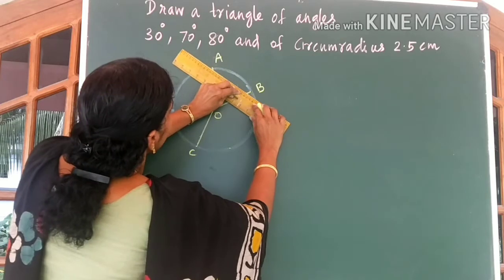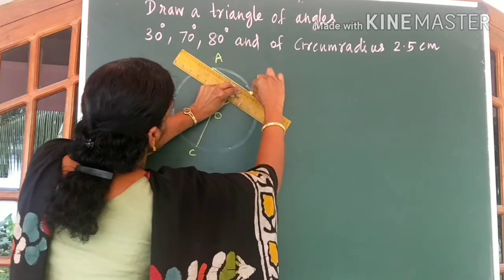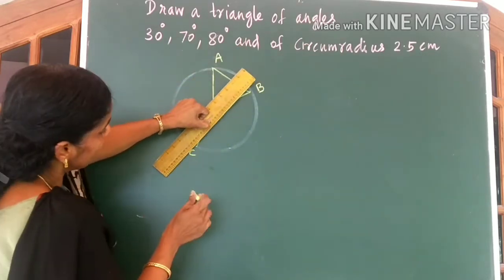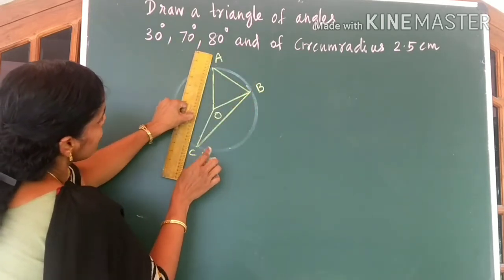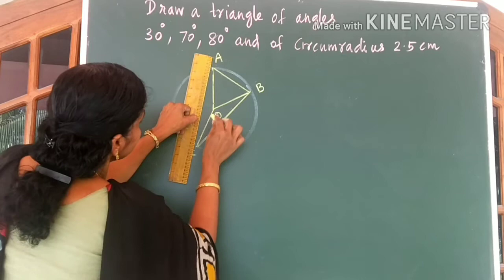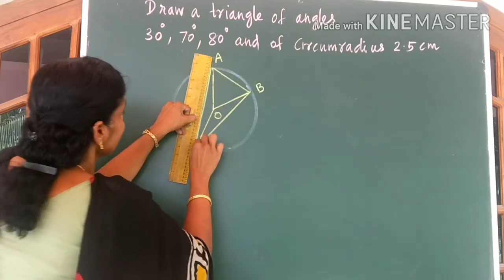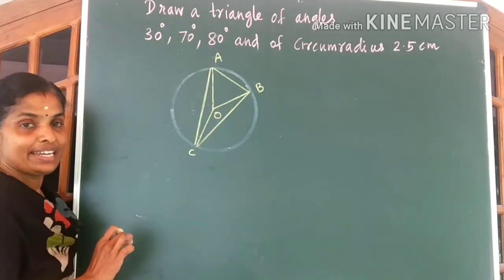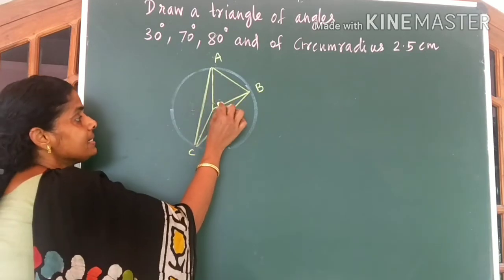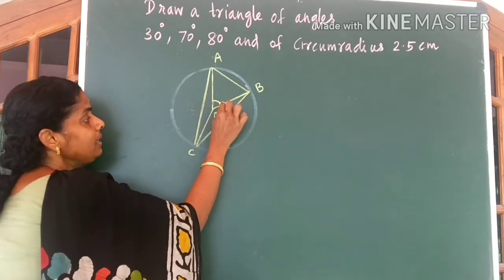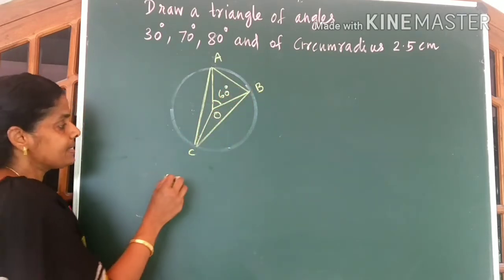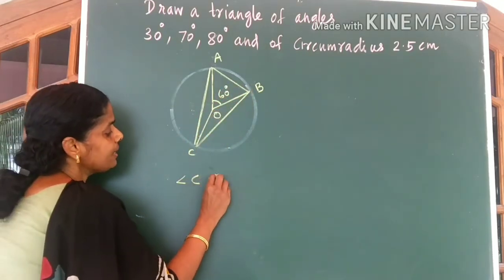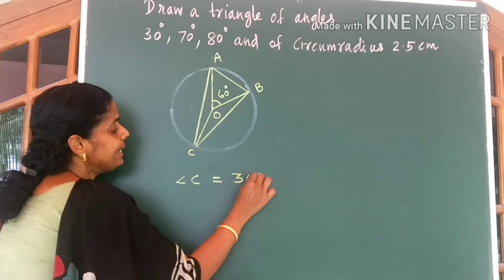A is joined to B, B is joined to C, C is joined to A. Now what did you understand? Since this angle is equal to 60 degree, we can say angle C to be equal to 30 degree.